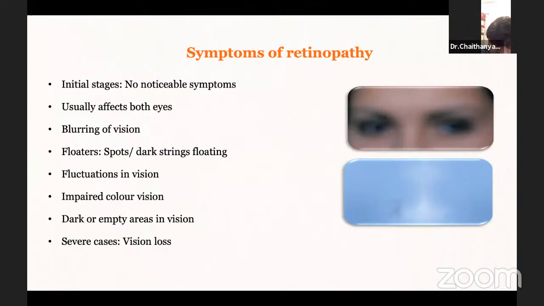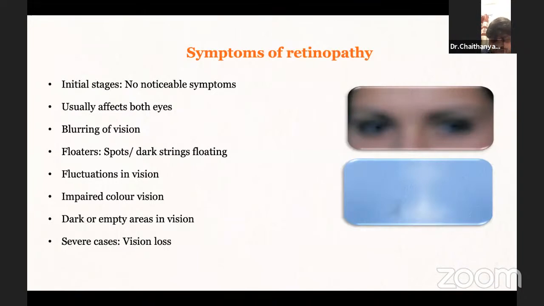It can result in blindness, permanent blindness, if you don't treat it properly. Why do they develop retinopathy? Because of uncontrolled sugar. And if they have other comorbidities like uncontrolled hypertension, uncontrolled lipids, and if they start smoking, if they take alcohol, then you see more and more severe levels of retinopathy.